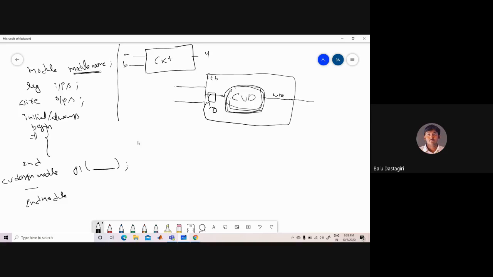So let us see a small example here. First I will take an AND gate: module AND2, the output is C and the inputs are A, B. So specify output C, input A, B. After that, and G1 (C, A, B) and end module.